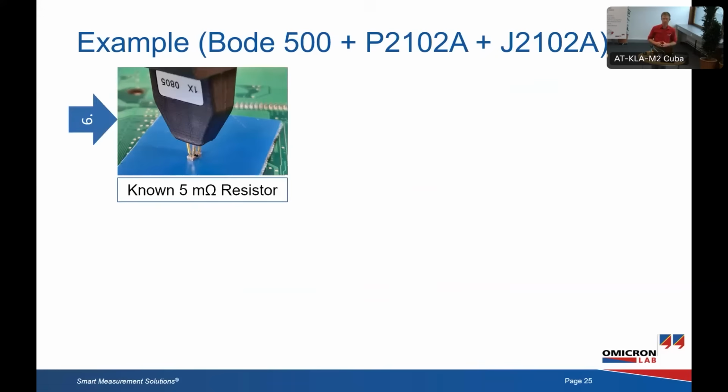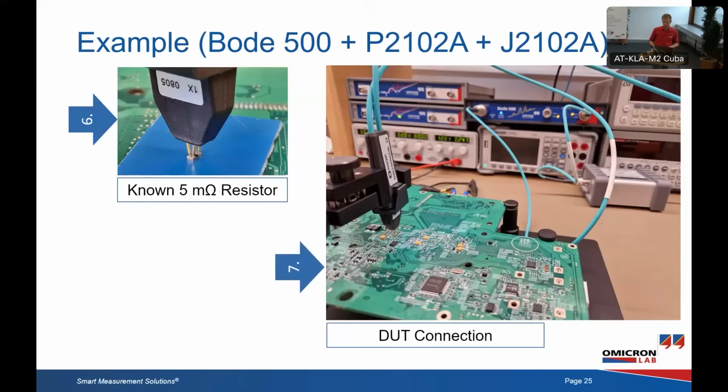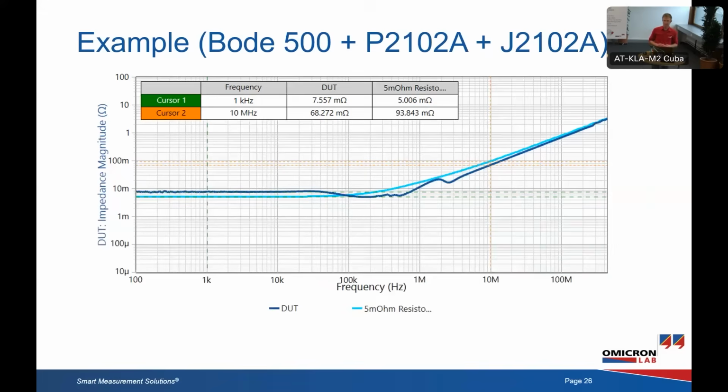And then step 6, measure something you know. In this case, I put the probe on a 5 milliohm resistor, and after that, measured the device under test. When we look at the measurement result, here you can see the light blue curve.